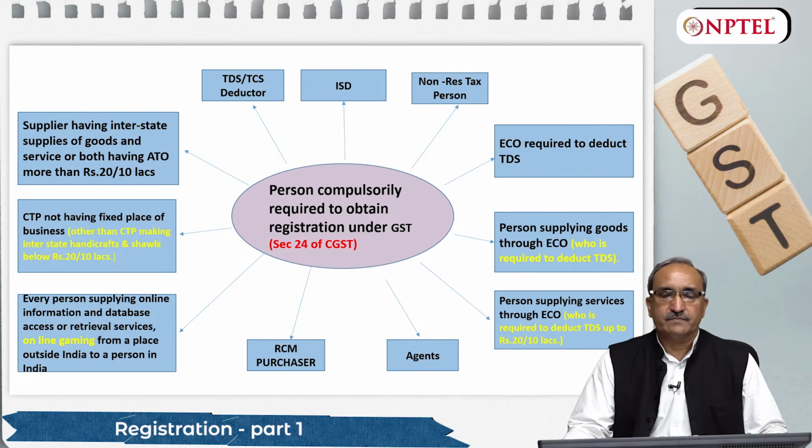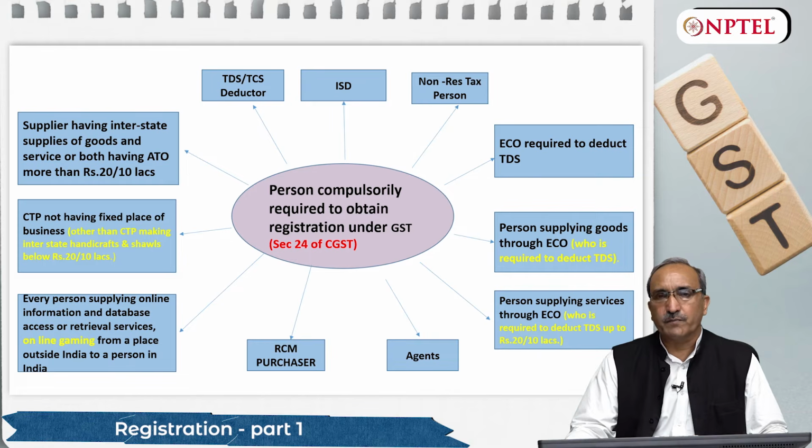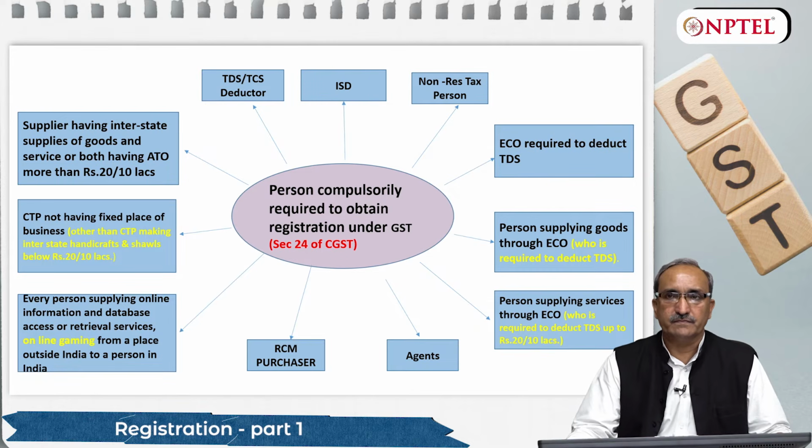Then ISD. There is a concept of ISD for big corporate houses under GST under section 21. So any person falling under this category also needs to have GST number. Then non-resident taxable person means any person from outside India selling goods into India through online services or otherwise is supposed to obtain GST number in India, maybe by him directly or through his representative.